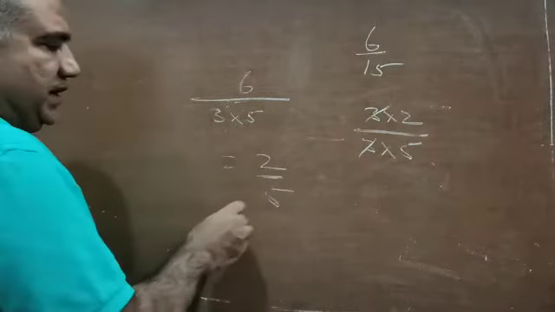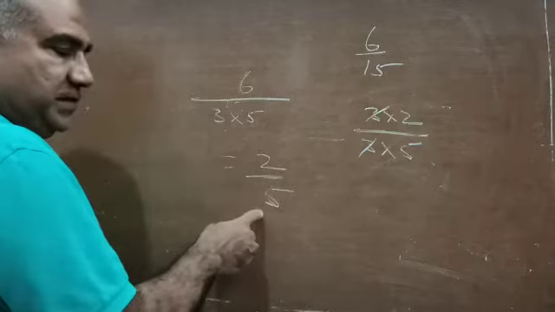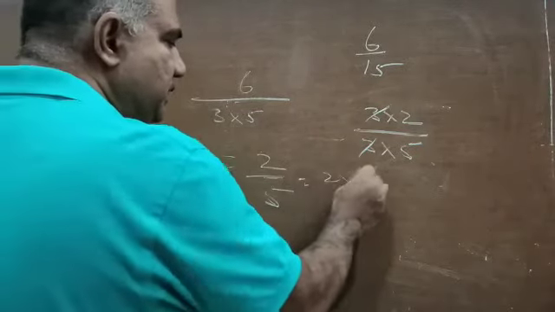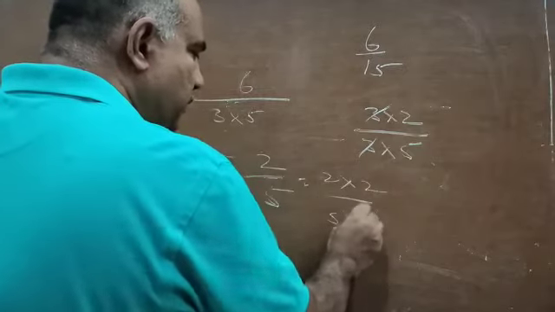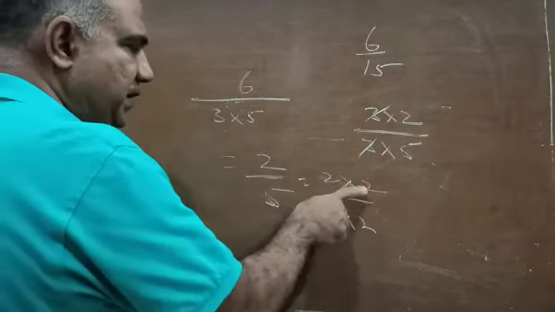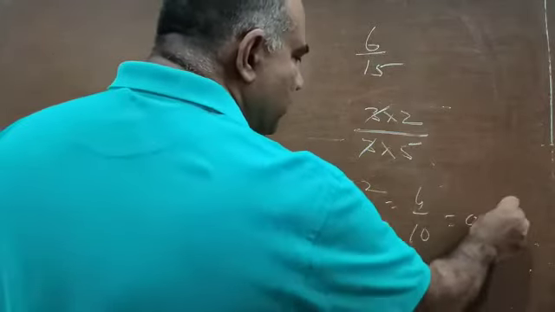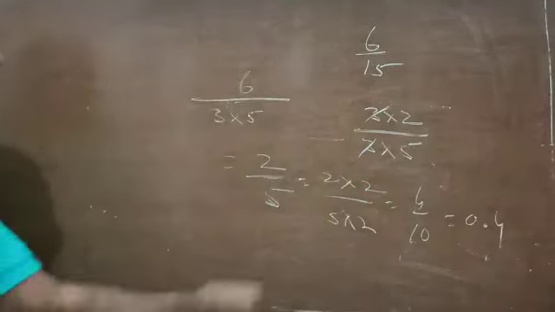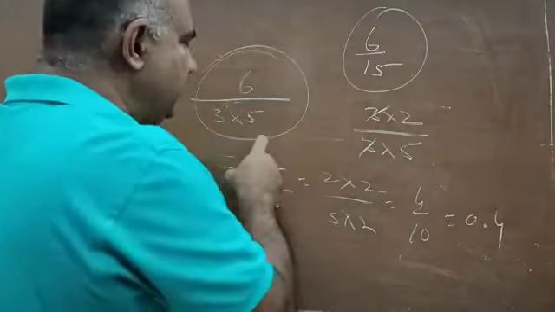Now if I look at the nature of q, it contains only 5, so I multiply by 2 above and below, and it becomes 4 upon 10, or 0.4.